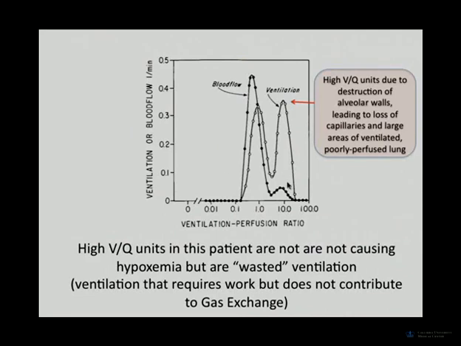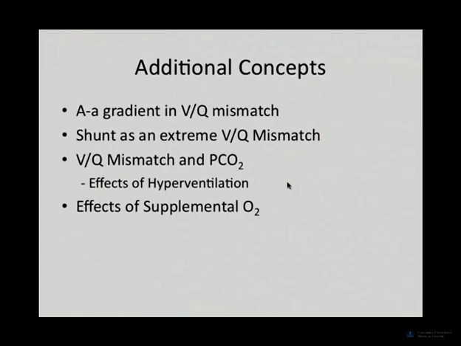This person has an abnormality, but it's not going to be a hypoxemic abnormality. This person's wasting a lot of energy moving air in and out, moving gas in and out of these regions of lung, and that's bad. We call that wasted ventilation, but it's not specifically, at least in this one patient, causing, or has the potential to cause hypoxemia. All right, so we're going to move on to some additional concepts.